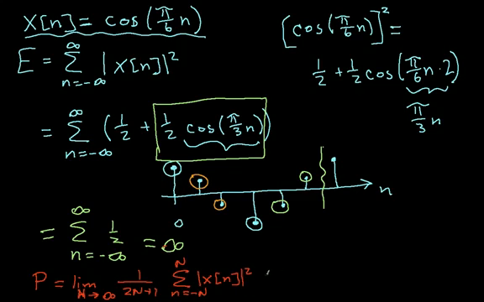And what we find, again, this term here looks like this. It's got a half, and then it's got a 1/2 cosine of pi over 3n. And so as I sum these guys up, they tend to go to 0.